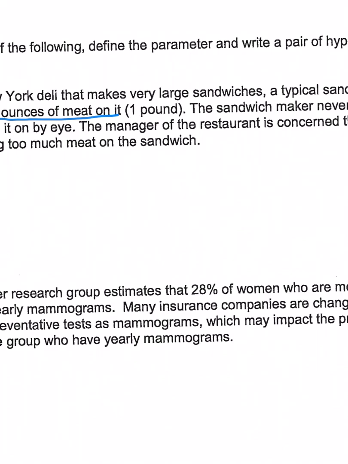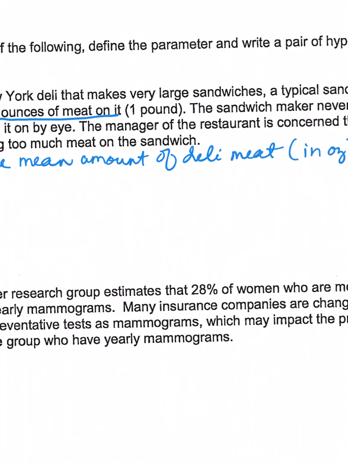What is the true mean? No, we're defining mu. The true mean amount of deli meat, in what? In ounces, placed on a sandwich.